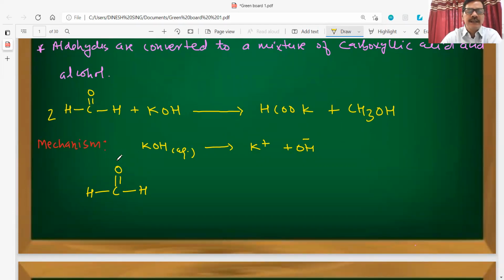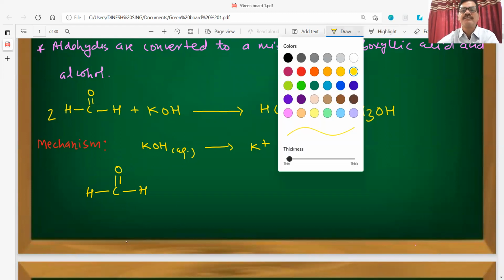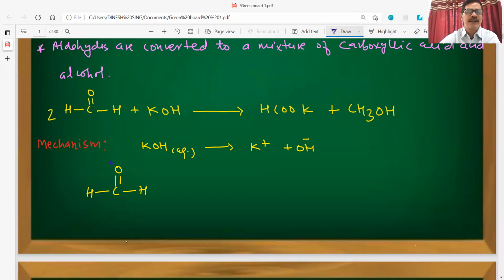So oxygen is carrying partial negative charge, carbon is having partial positive charge. So if we see the polarity, this is having partial negative, this is having partial positive charge.